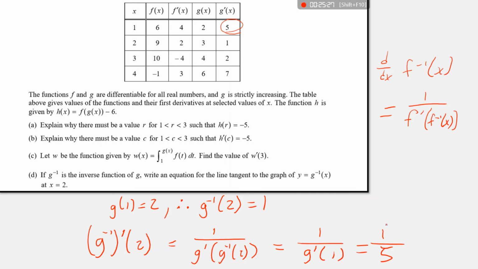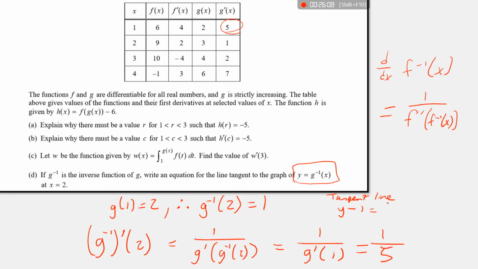So how can I write the equation of the tangent line? y minus b, but b is actually 1 in this case, because our y value is the output of the inverse function, which is 1.